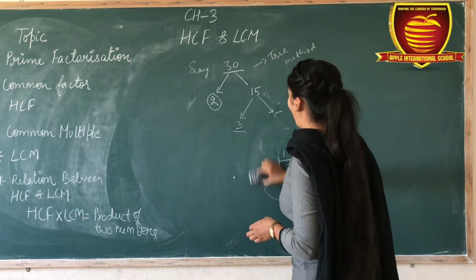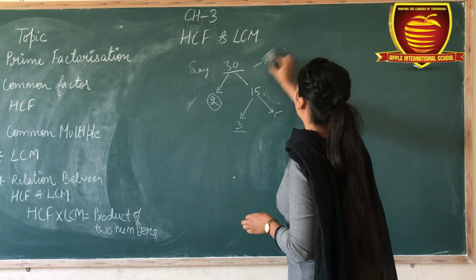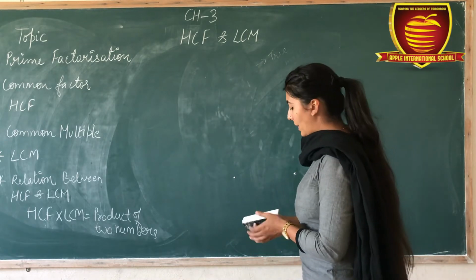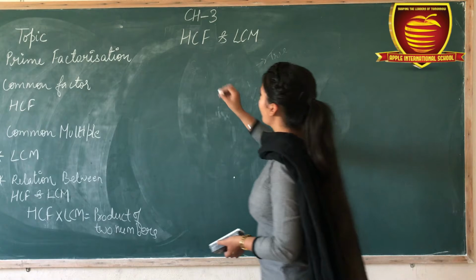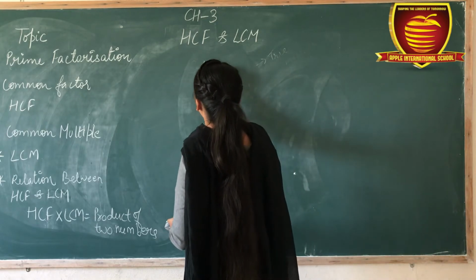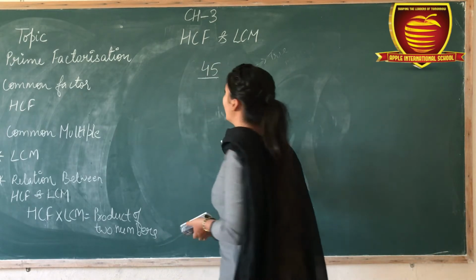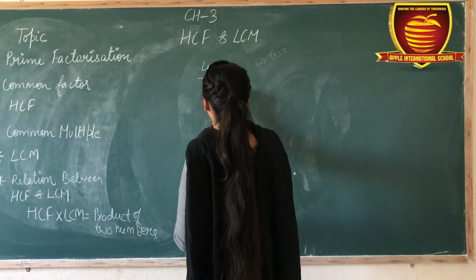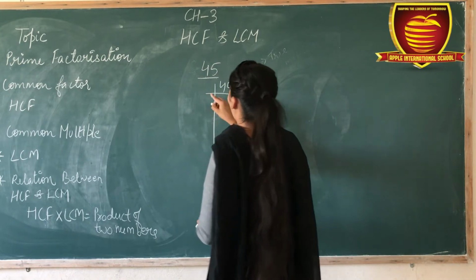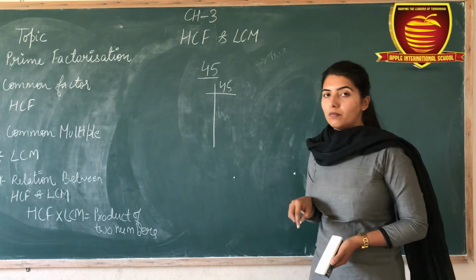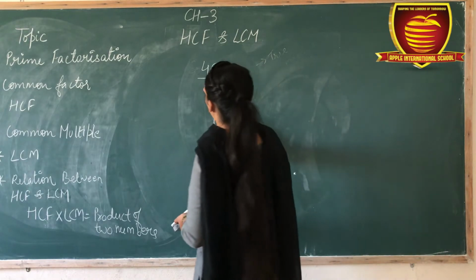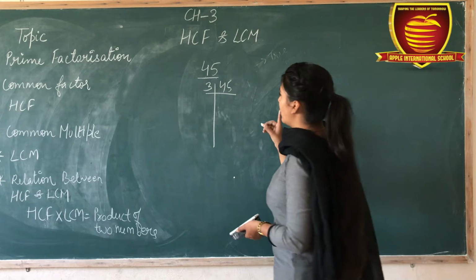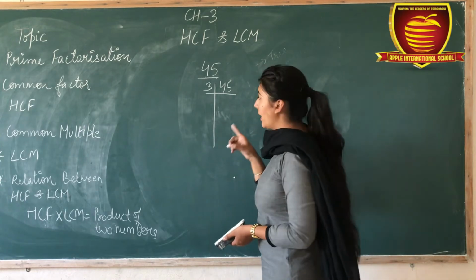Let's do one more example: 45. Try to solve it. First we solve by the basic method. Is 45 divisible by 2? No. Then take 3. Is 45 divisible by 3?